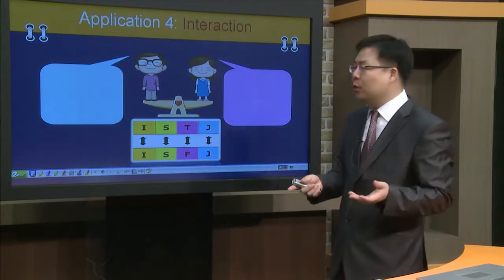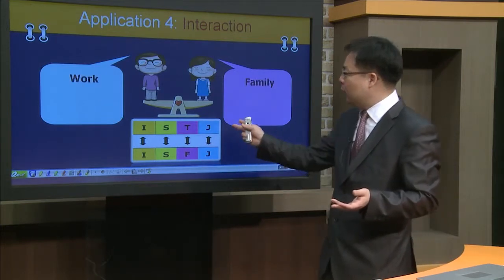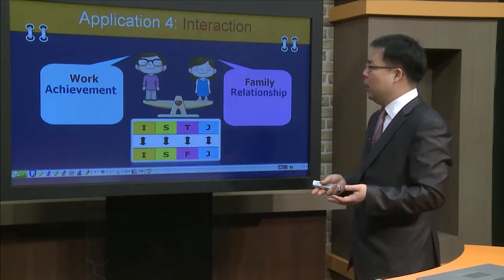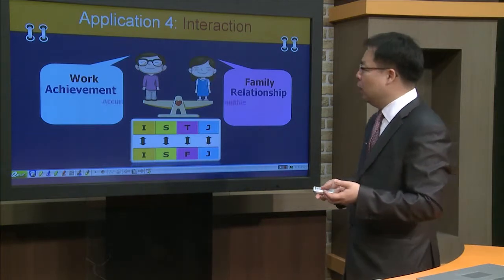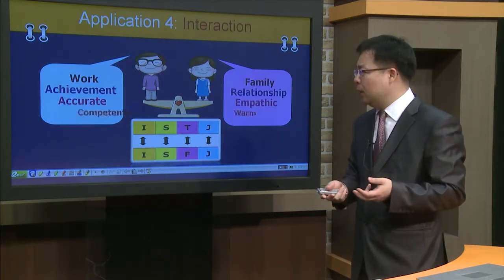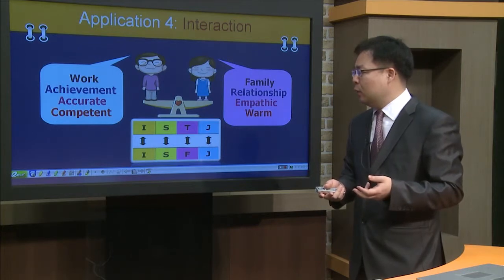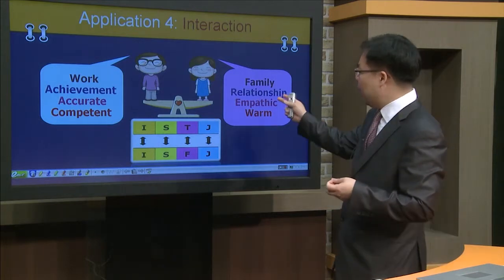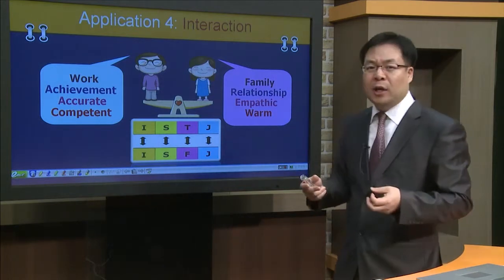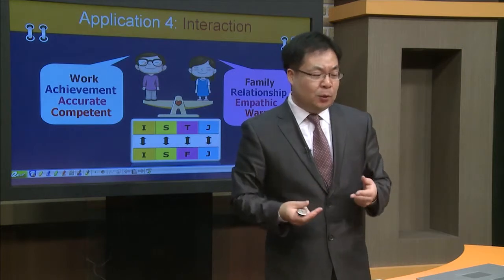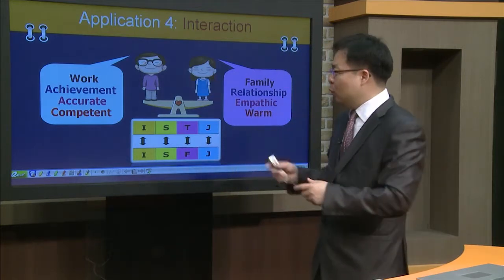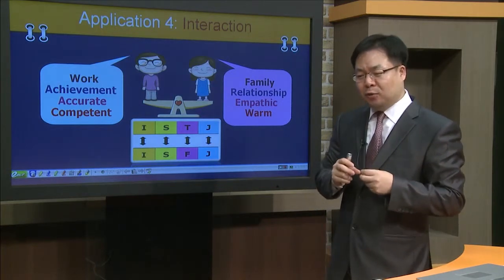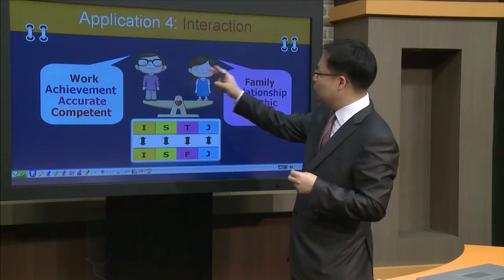But actually, they are very different because the ISTJ person is more work-oriented and focused on achievement. And also, they are very accurate, and they focus on competence. However, the F person is family-oriented and relationship-oriented, empathic, understanding and warm-hearted. So when they interact together, usually they may experience conflict in these issues.